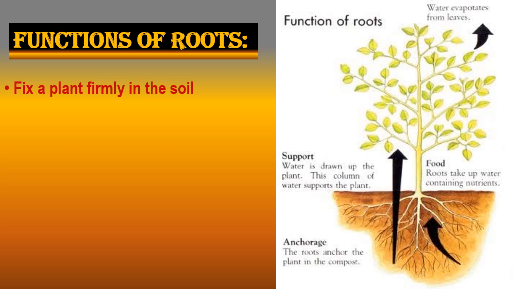Roots support the plant and hold the plant in the soil. As you can see in the picture, roots are widely spread under the ground. They hold and support the plant in the soil. They provide an anchor to a plant or tree to keep them in the soil.